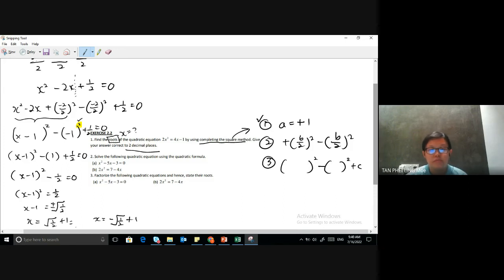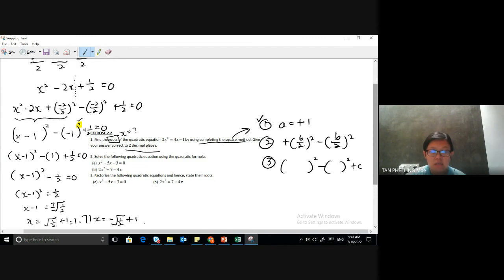Square root 0.5 and then plus 1. So 1.707. But because of 2 decimal places, you get 1.71.